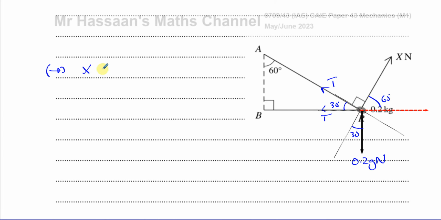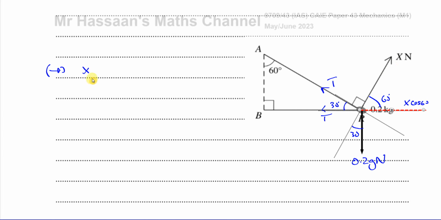So you'll have x cosine 60, because you're going into the angle. When you're resolving in this direction, you're going into the 60 degree angle.